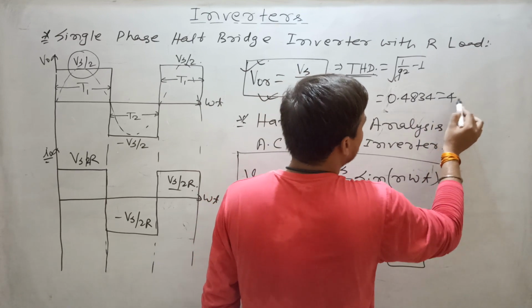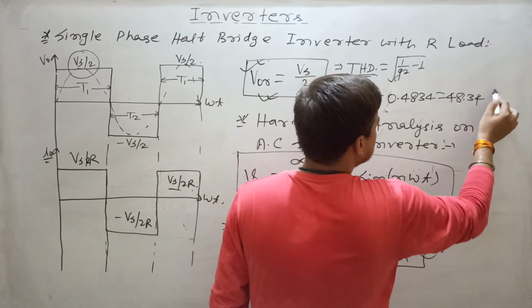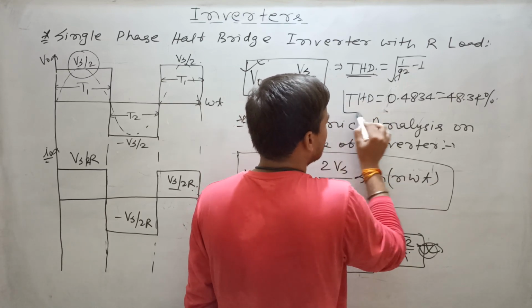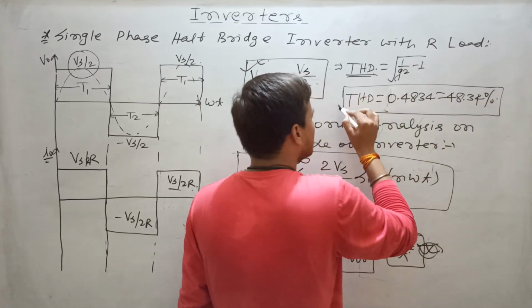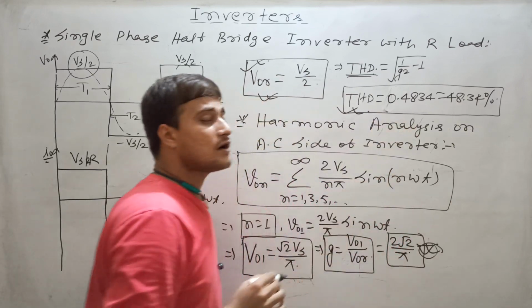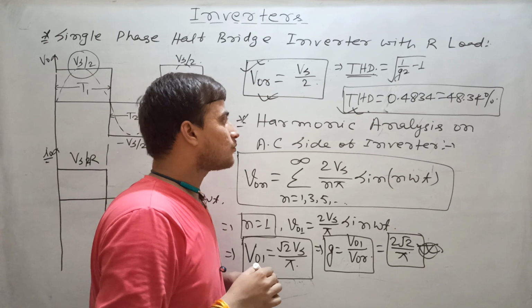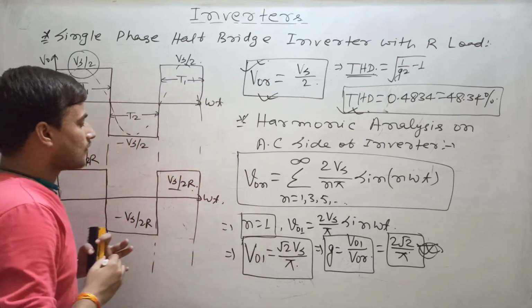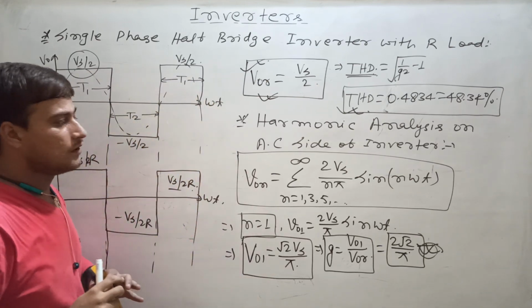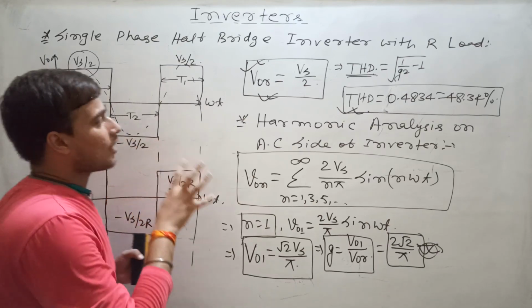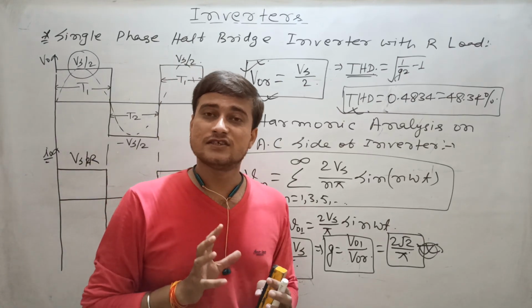That means you are getting 48.34% harmonics. That means if you are using a single phase half bridge inverter, you will get 48.34% of harmonics in the waveform. So this is all about the single phase half bridge inverter with resistive load.